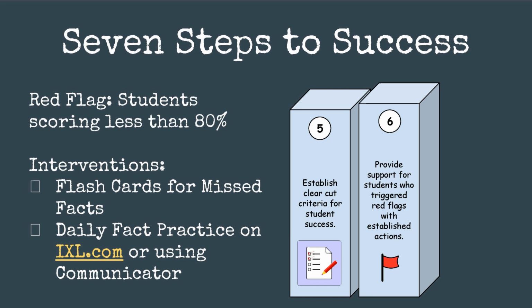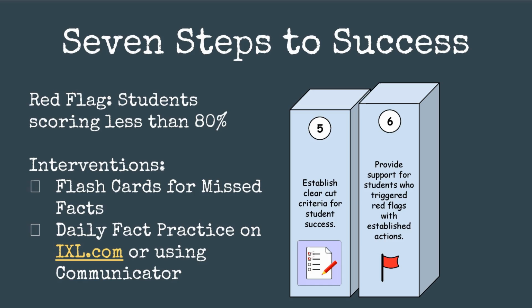This is where it becomes key to have established actions set up. Okay? So you first want to identify whatever your clear-cut criteria is. What number is a student going to have to get in order to start some of those actionable steps? In my example, I'm going to red flag any student that scores below 80% on that fact test.